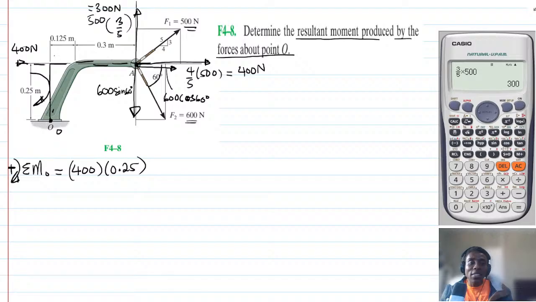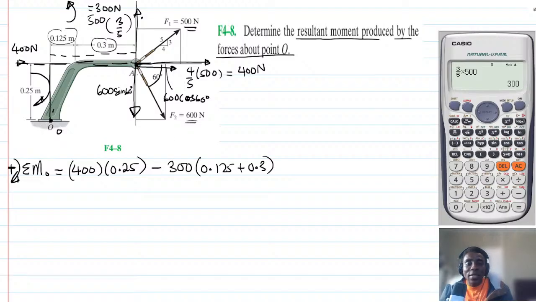The perpendicular distance from O is any distance from here that will meet the force, and that distance is 0.125 plus 0.3. Clearly, you can see that this force, which is going up, will try and send it in that sense, and it's going to be counterclockwise. So minus 300 multiplied by 0.125 plus 0.3.